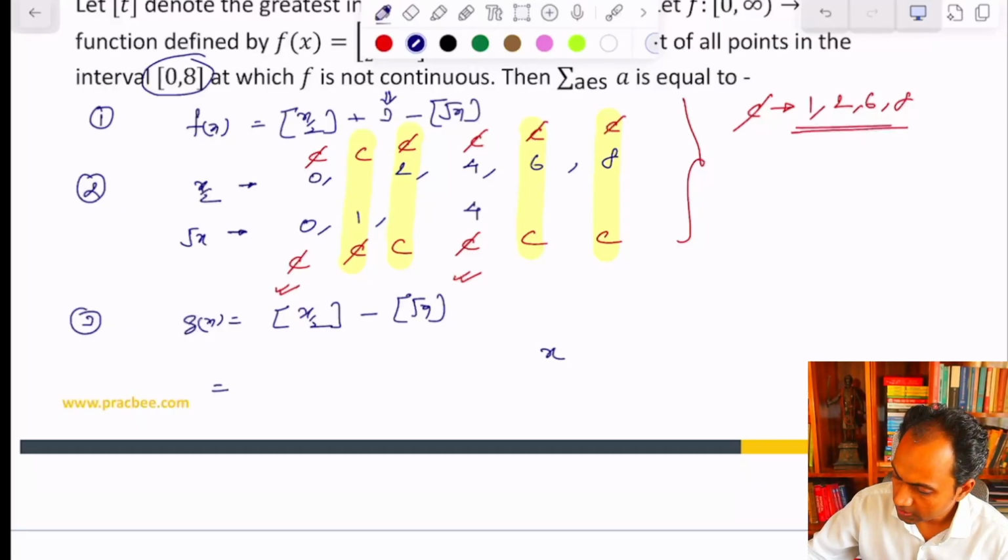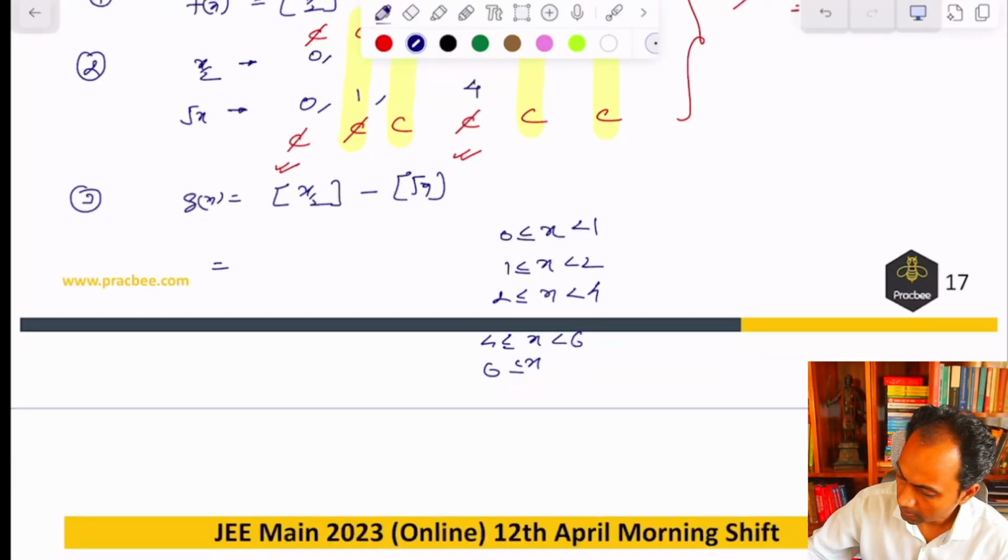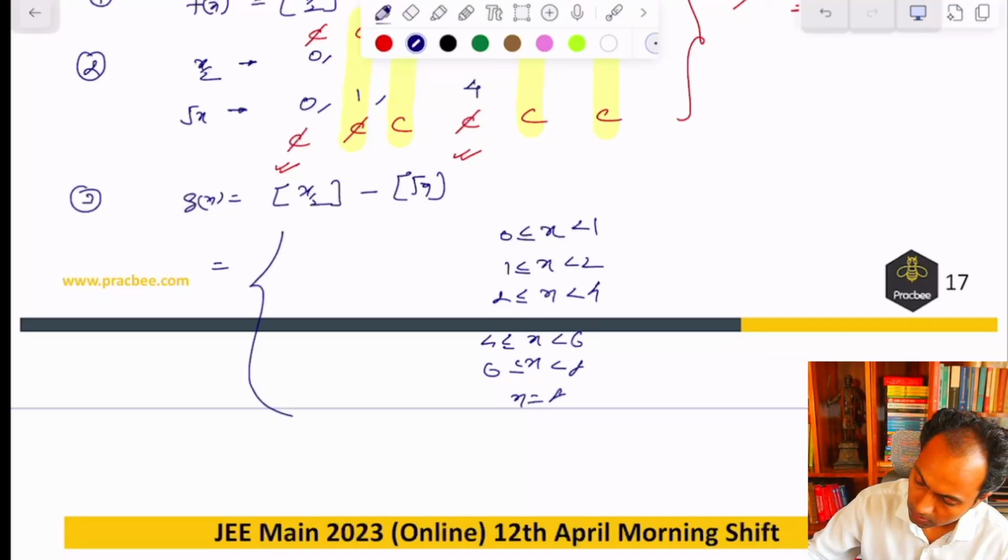What we'll have to understand is what will happen between 0 and 1, between 1 and 2, between 2 and 4, between 4 and 6, between 6 and 8, and ultimately at x equal to 8. So here we need to understand.